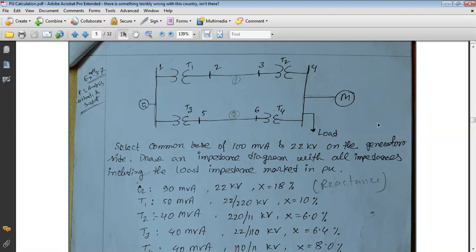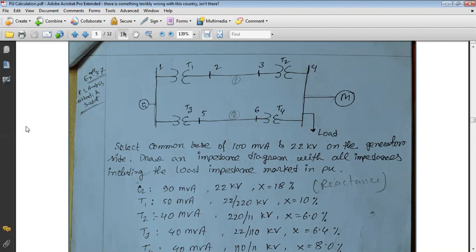So this diagram represents that this is a synchronous generator connected in bus 1. This is bus 1. So what is the bus actually? Bus is nothing but a node. And what is node? Node is a point where different devices are connected together.